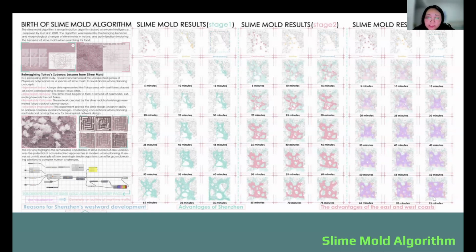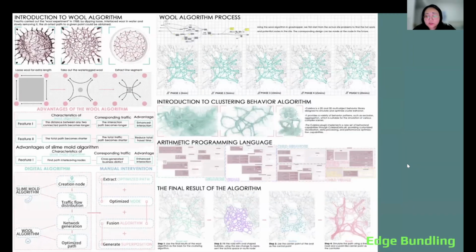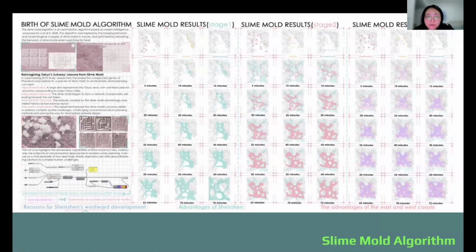Actually, in practice you can always control the parameters such as the birth rate or the death rate of the slime mold, and the calculation time, to achieve the best design outcome that you want.